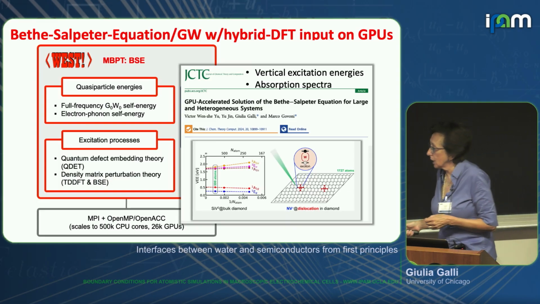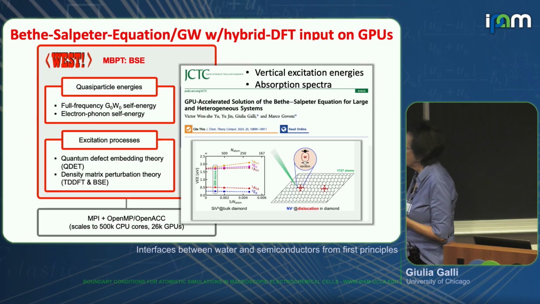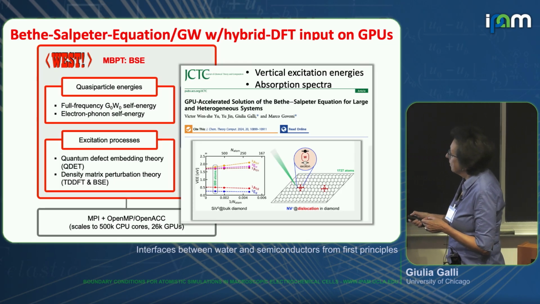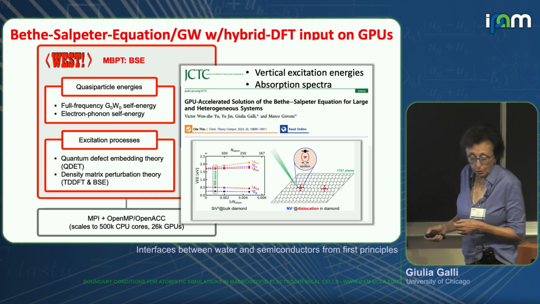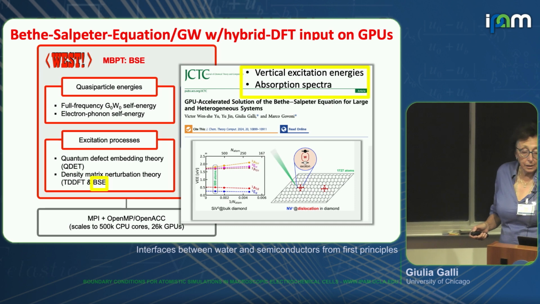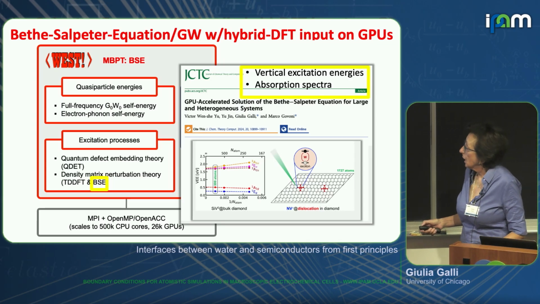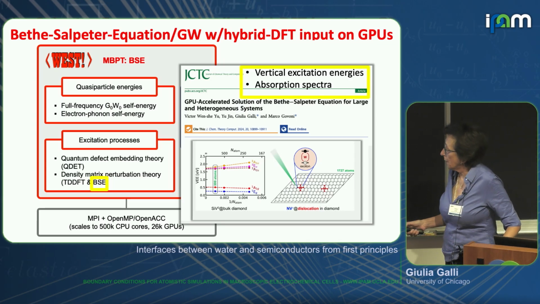And I would like to bring your attention to the fact that here, and this is very recent work published last year, we can do Bethe-Salpeter calculation for system with about 2,000 atoms. And finally, we can converge calculation for vertical excitation energies and also for absorption spectra.